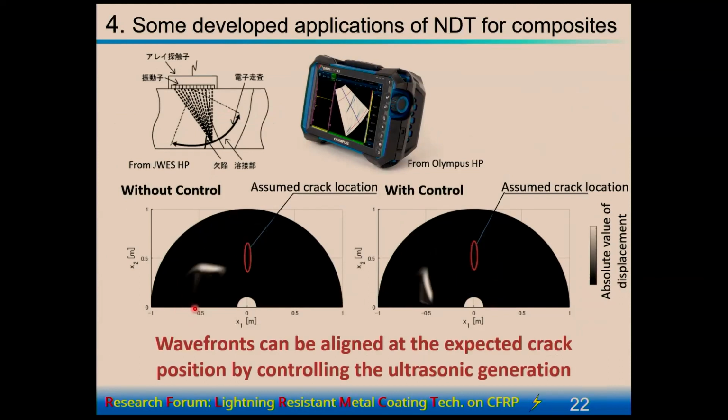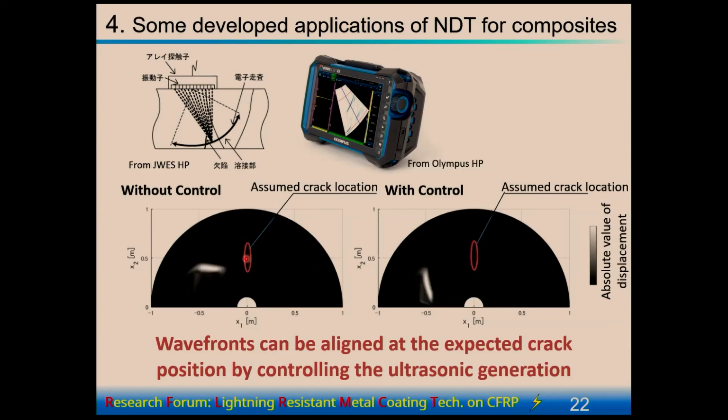So if we just generate ultrasonic from the probe, this is the ultrasonic propagation, and if this is the assumed crack location and the crack direction is this direction, then ultrasonic cannot propagate in a direction perpendicular to the crack surface. So in this case, a very weak reflection comes back.